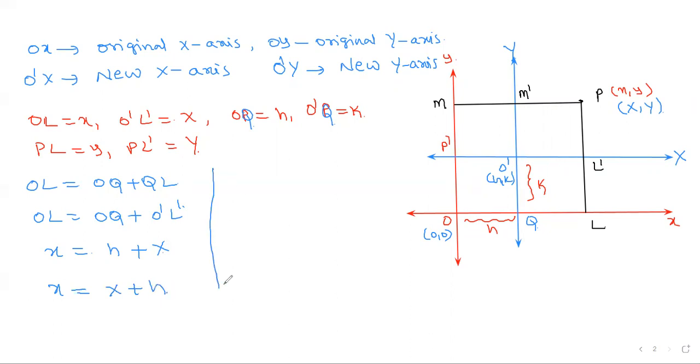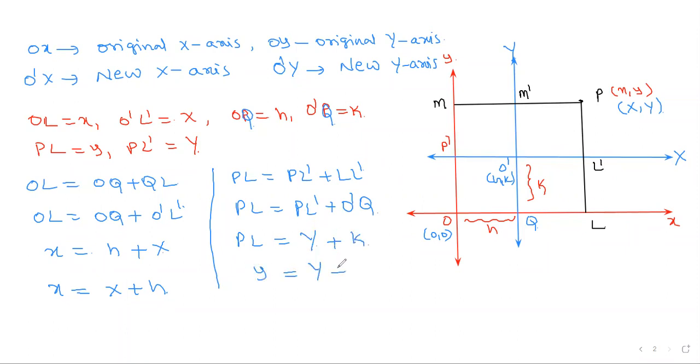Similarly, PL is equal to PL dash plus LL dash, which can be written as O dash Q. So PL is equal to PL dash, which is capital Y, plus O dash Q, which is k. So small y is equal to capital Y plus k.